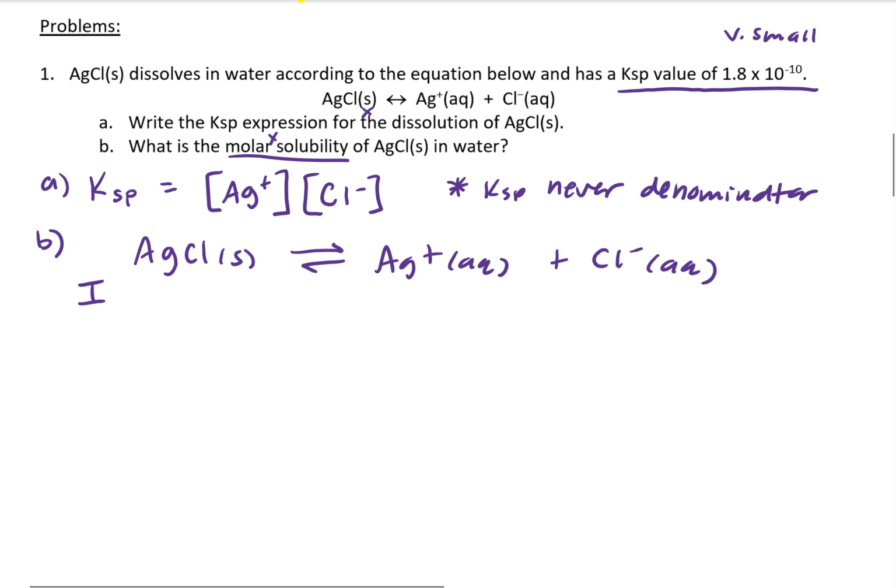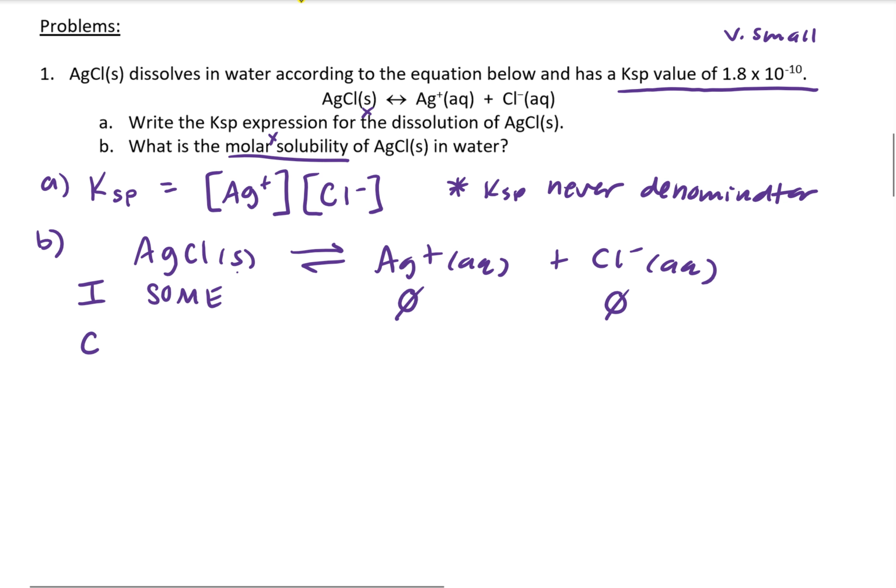I stands for initial. So we have some amount of silver chloride being put into water. The real amount doesn't matter because this is a solid. It's not going to appear in our calculations. The starting concentration of silver ion in water is 0. Same thing for the chloride ions. There's 0. There's nothing in water but water molecules.